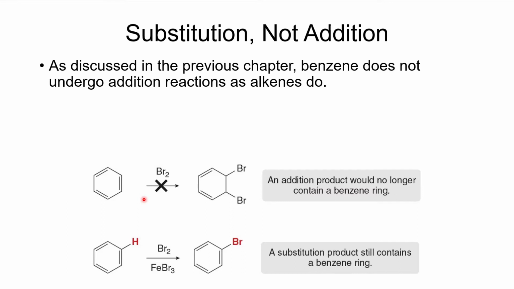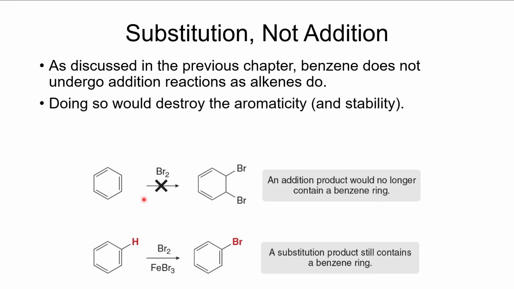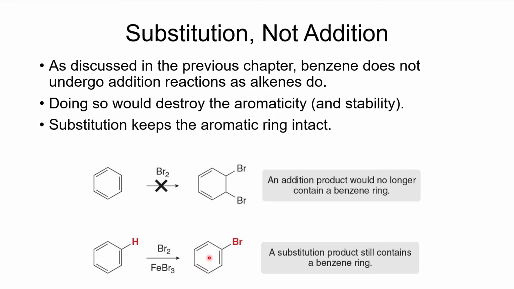So if you go back and look at thermodynamics, you'll find that endothermic addition reactions just don't work. So we have to retain that aromatic ring at the end of the reaction. It doesn't mean that we can't temporarily break up the aromatic ring, but when we get to the end, we have to have that aromatic ring intact.